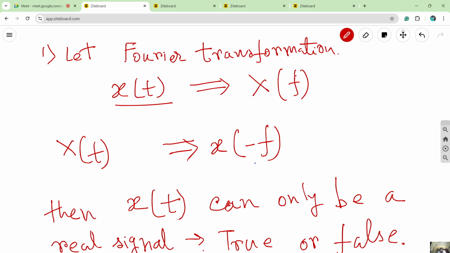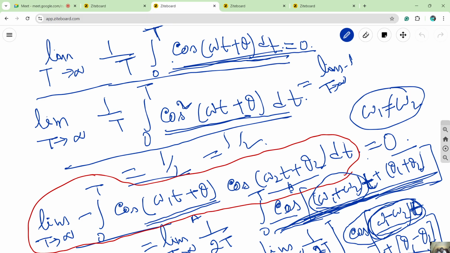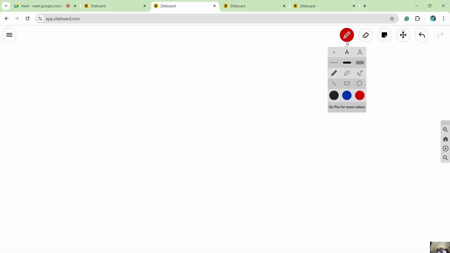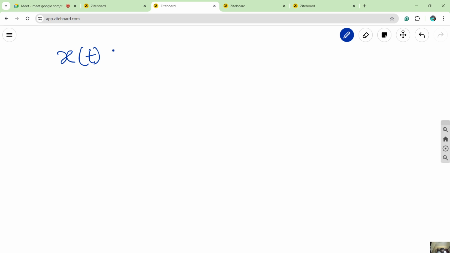Okay, so let's solve it. So it is the signal which has the Fourier transform x of f.